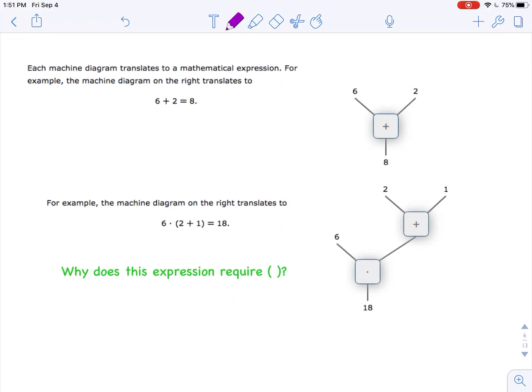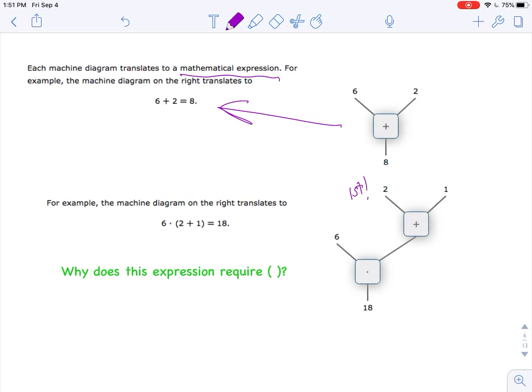As you're looking at these diagrams, once you get the idea of what's going on, you could actually just say, oh, this machine diagram can be thought of as a mathematical expression. Whenever you have something above, such as this one, think of it as saying, hey, I have to do this operation first.